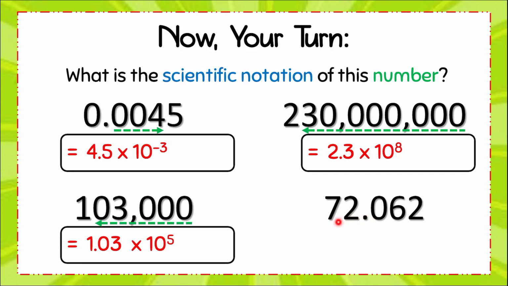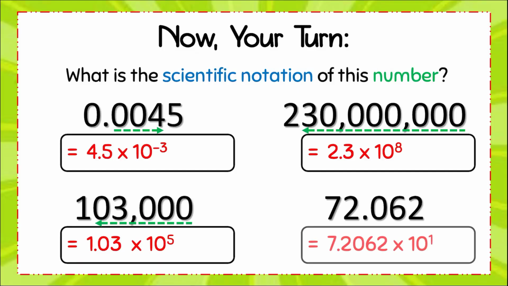You change the decimal, so it will be to the power of 1. Yes, you changed only one place. So it will be 10 to the power of 1. When you check your answer, you can just times it back, and then it will turn out to be 72.062, right? So you can also check your answer. It will always be the same value for the scientific notation and the standard number.